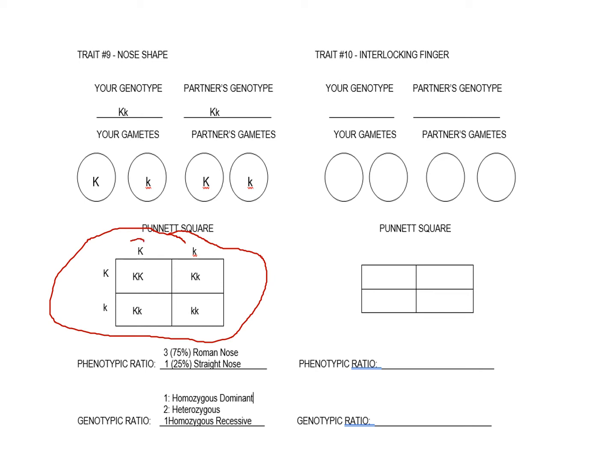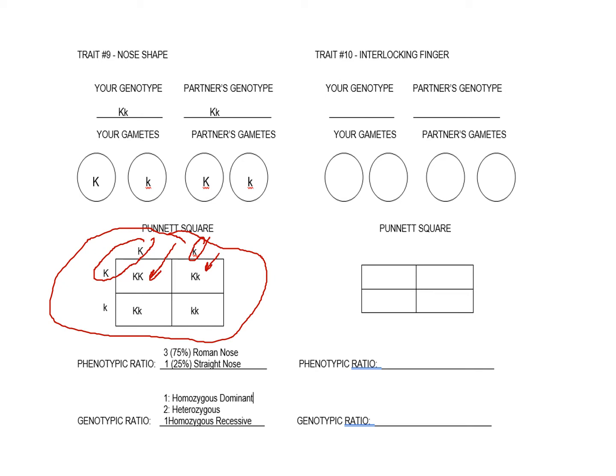So for example, here we would cross these two big K's, and you notice that we get two big K's in that box. And then we're going to cross the big K with this little k, and we will get this combination here.